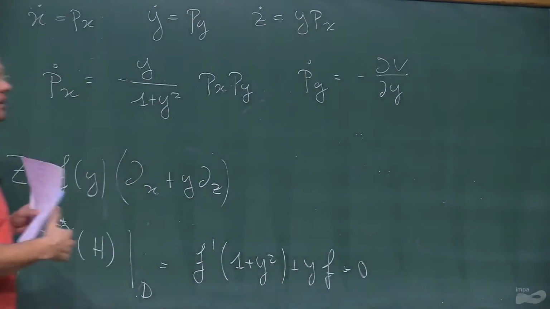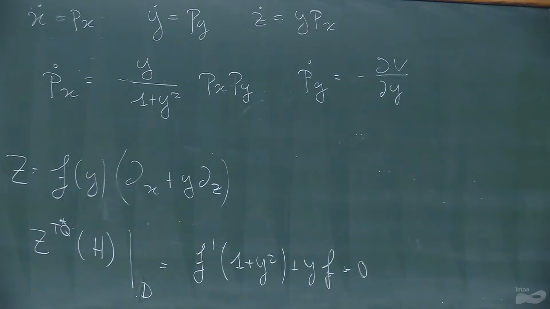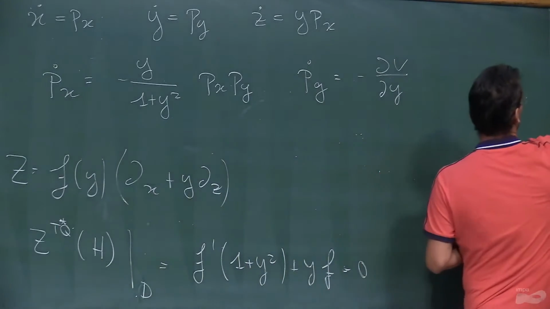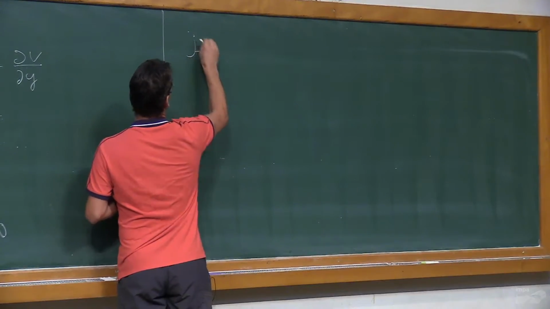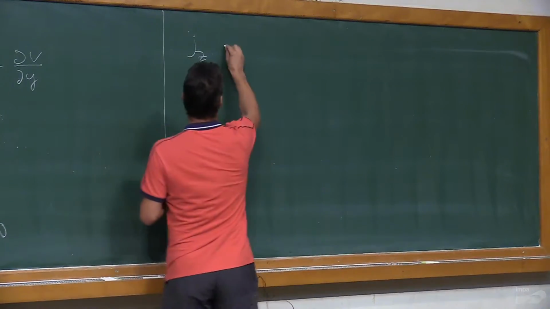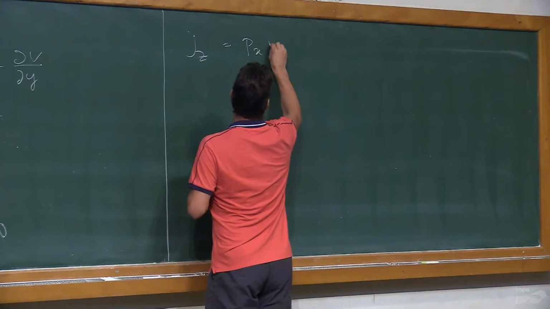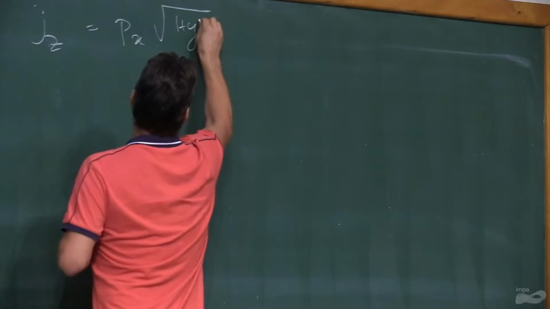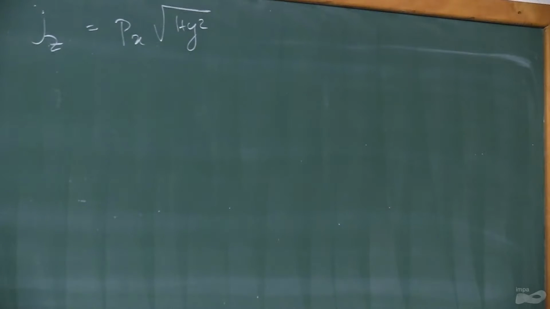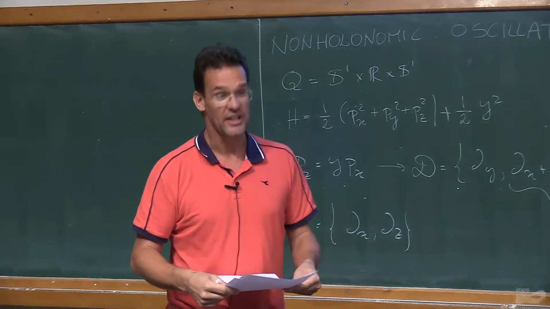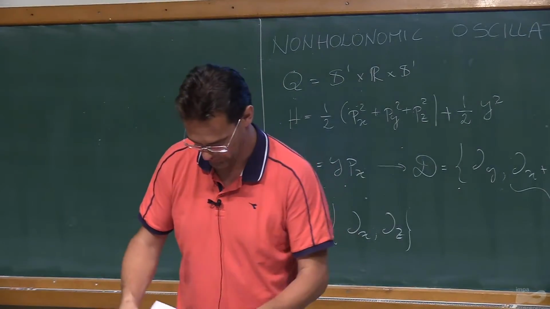So this, in one dimension, I can integrate it. I can find f, and in particular, I can write the momentum associated to this vector field z, and it is px over py squared. And one can realize that this function is conserved by the dynamics. This is just by playing a little bit with these objects.